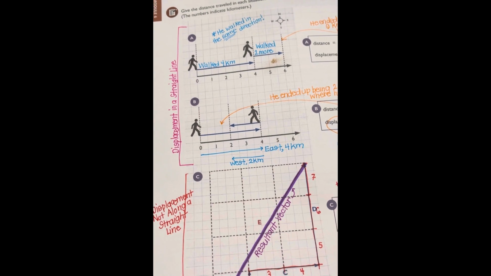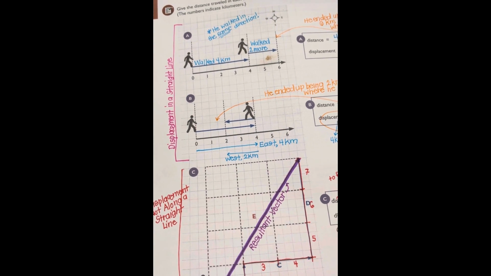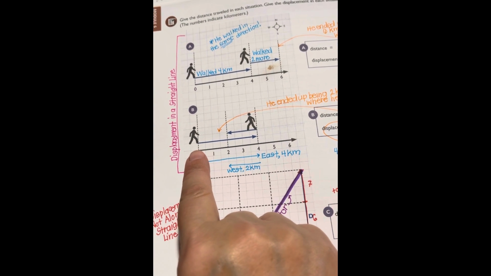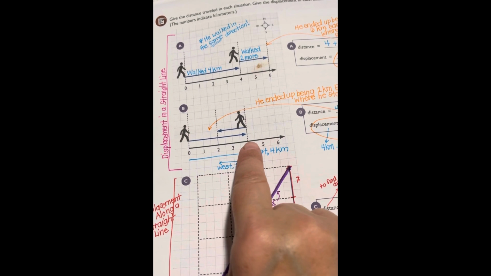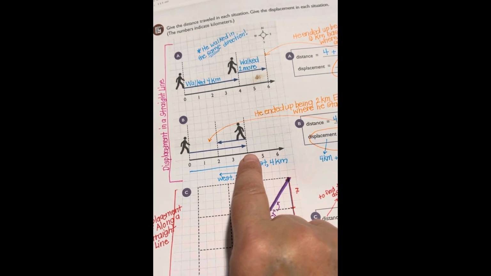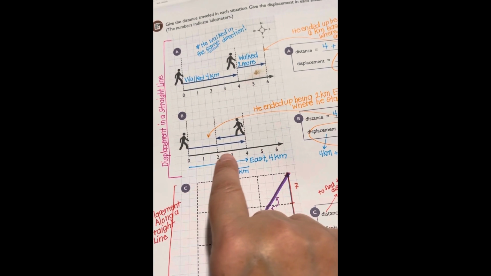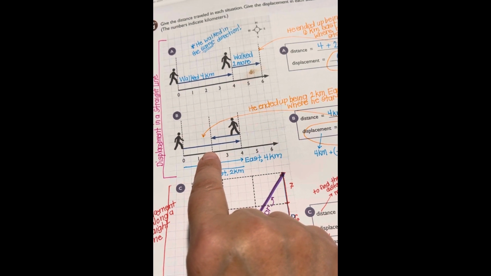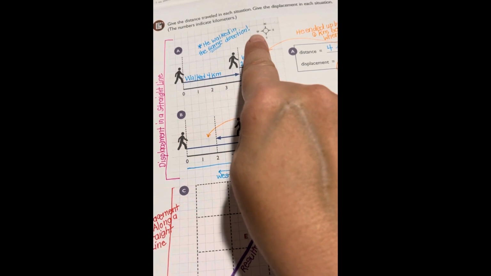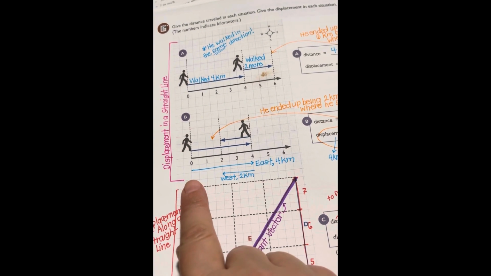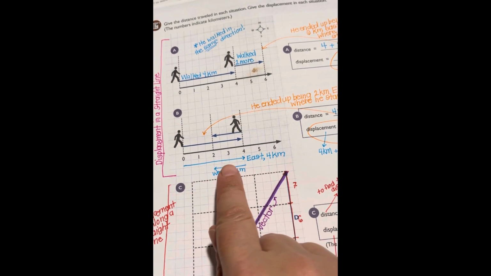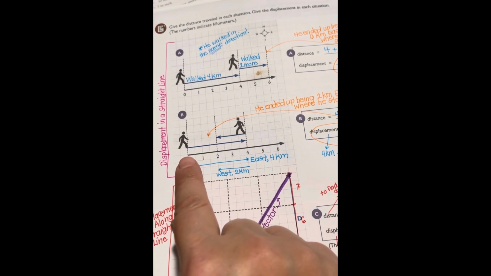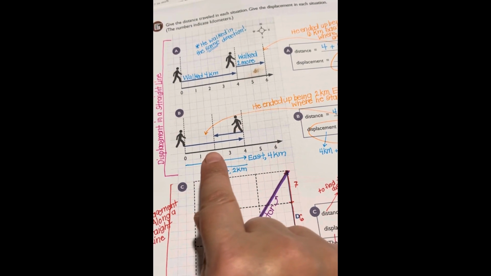All right, now let's move on to B. It's still displacement in a straight line. So here, same guy, he walked 4 kilometers east. Then he realized, oh no, he dropped something back here. So then he decided to walk 2 kilometers, and again, we'll call that the opposite direction, or west. So he walked 4 kilometers east, and then he walked back 2 kilometers west. So the distance, he still walked 4 kilometers and 2 kilometers.